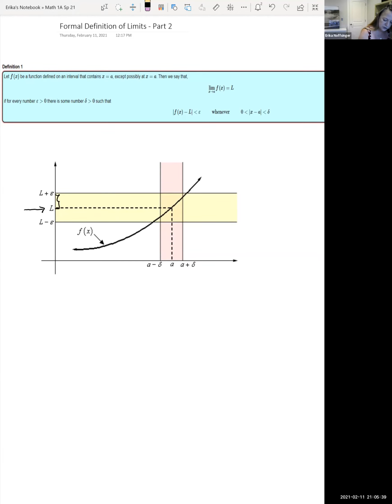So we're choosing some epsilon that's positive. The smaller it is, the more infinitesimally small, the better and more precise we are. And this is going to happen whenever we have some delta bigger than 0 and the absolute value of x minus a is less than delta.